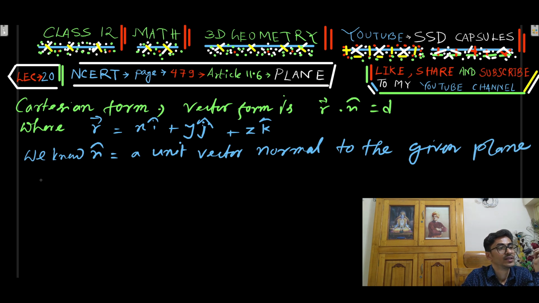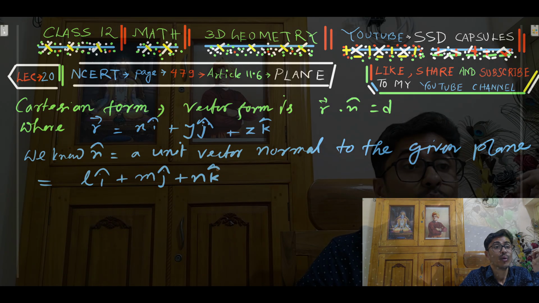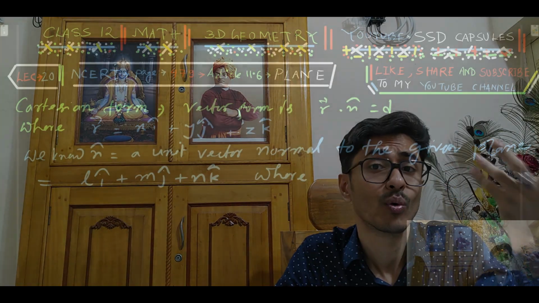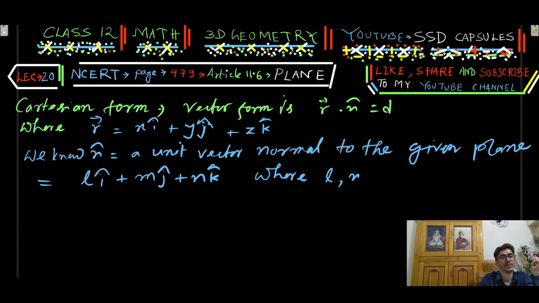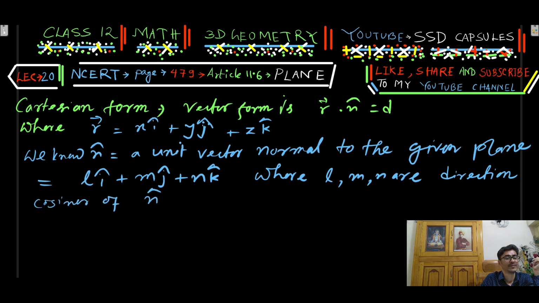So n cap equals l i cap plus m j cap plus n k cap, where l, m, n are the direction cosines of n cap.